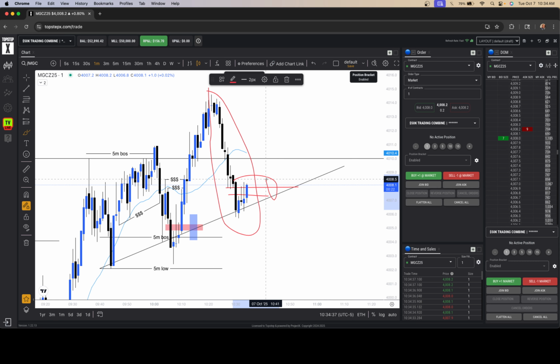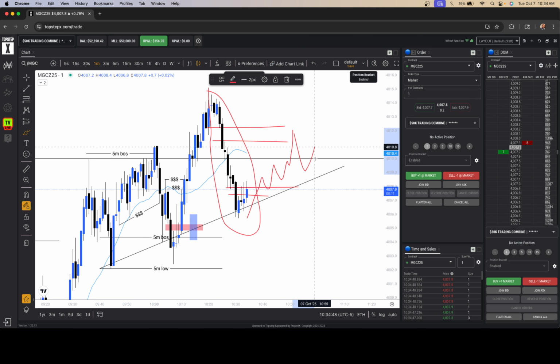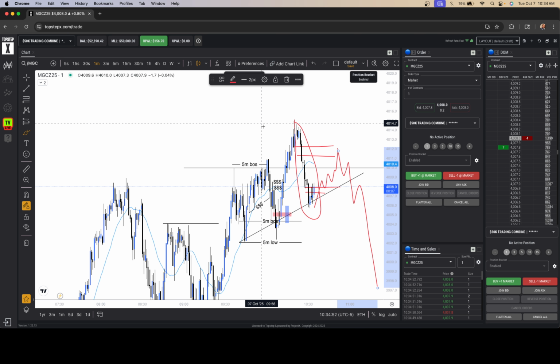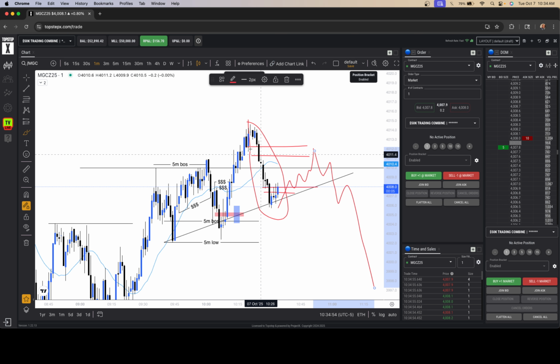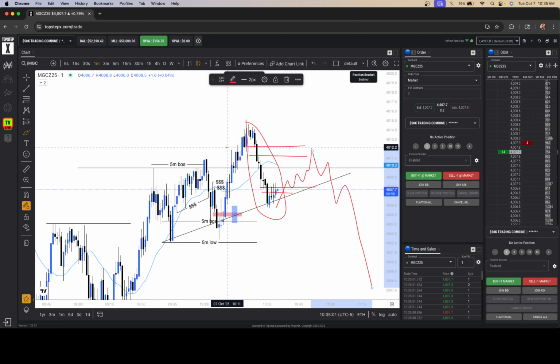So although this is a setup for a buy, and we could continue to go to the highs, what I think is going to happen is we're going to come up to around here, and then we're going to reject, break through here, and then go lower. So momentum is a very big and key thing in trading that I didn't understand before, but now I do.